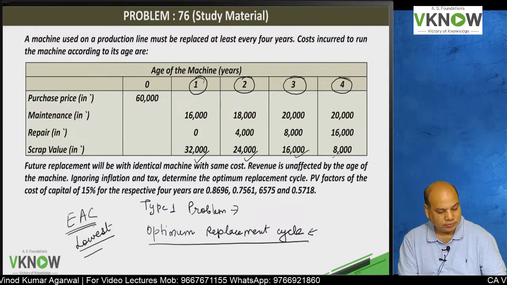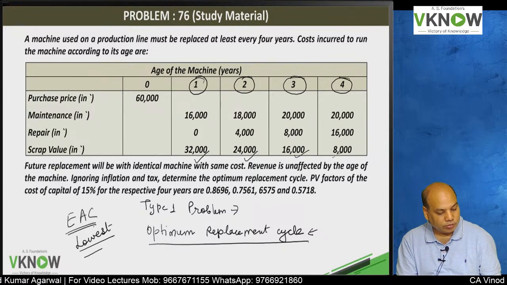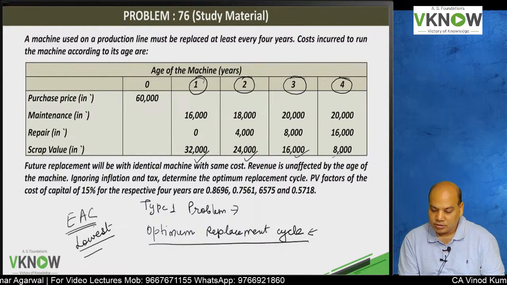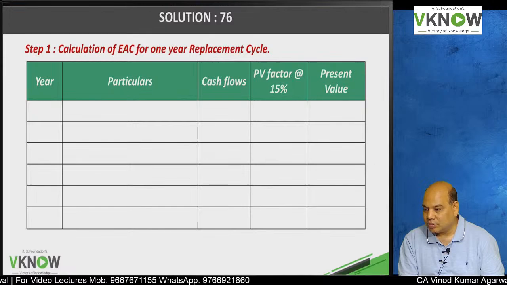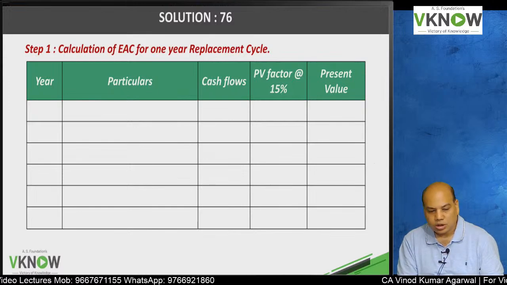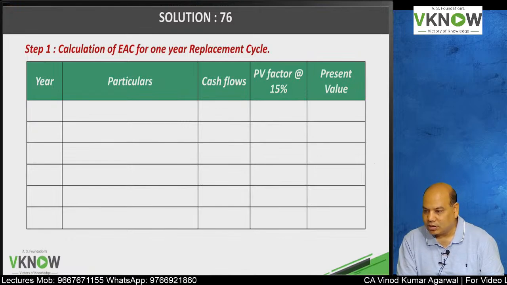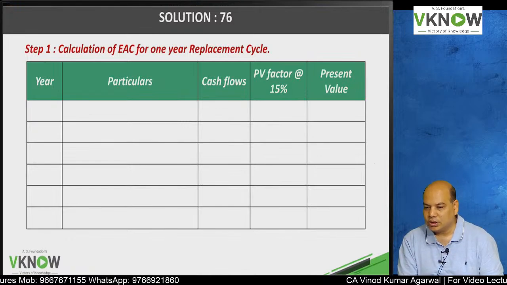So when you have to find the optimum replacement cycle for a machine, it is better to compute EAC for all the options and select the one which has the lowest EAC.